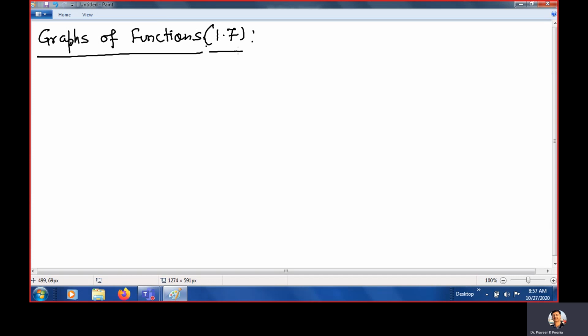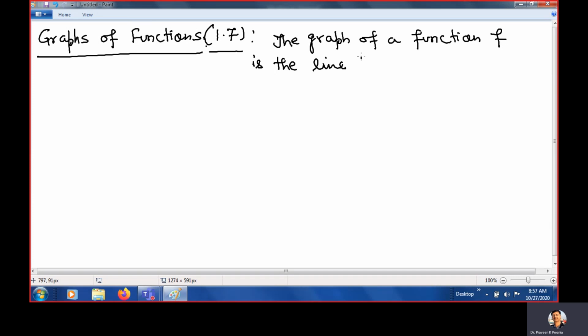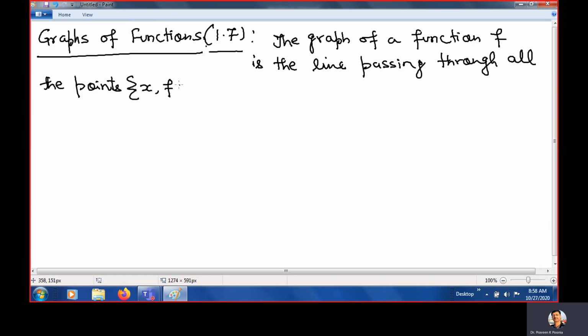So first of all, what is the definition of a graph? The graph of a function f is the line passing through all the points x comma f(x).